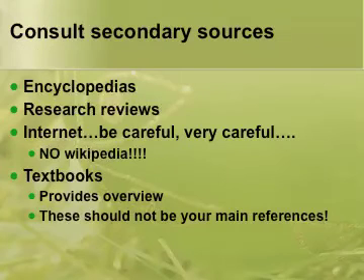All right, so secondary sources. Secondary sources are good, legitimate resources, and so you should be using those primarily first, because what they do is provide us a big overview of the material. Some examples of secondary sources are encyclopedias, which aren't used too much these days.